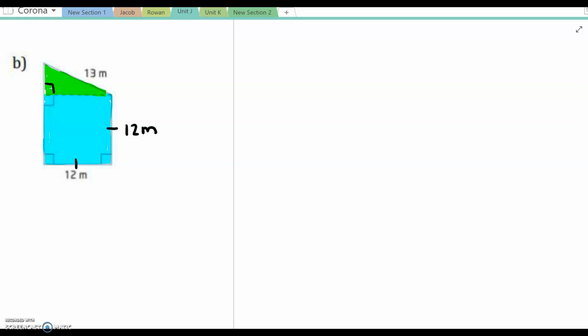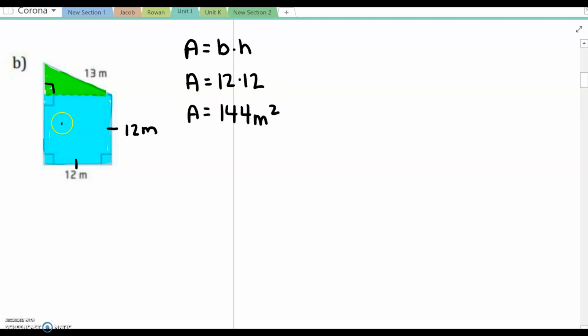Okay, so if I want the area of the two separate pieces, the area of the square can be treated like a parallelogram, like a rectangle, base times height, which really just means side times side, or side squared. So that square has an area of 144 meters squared.